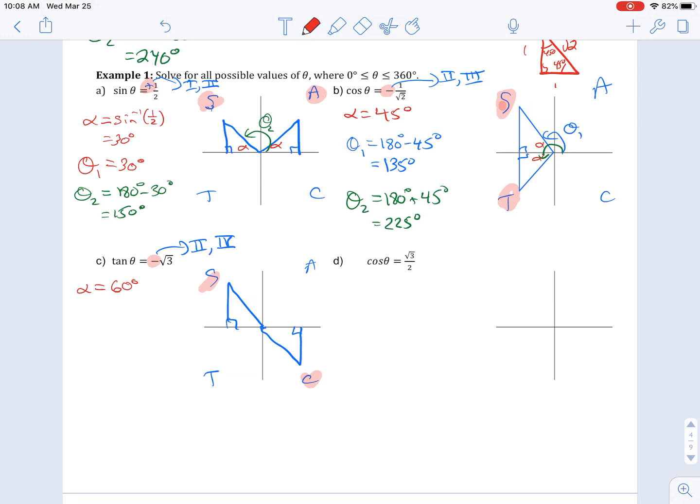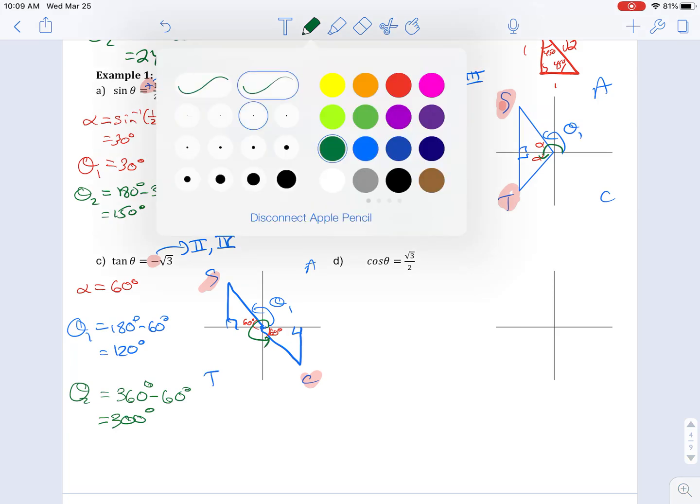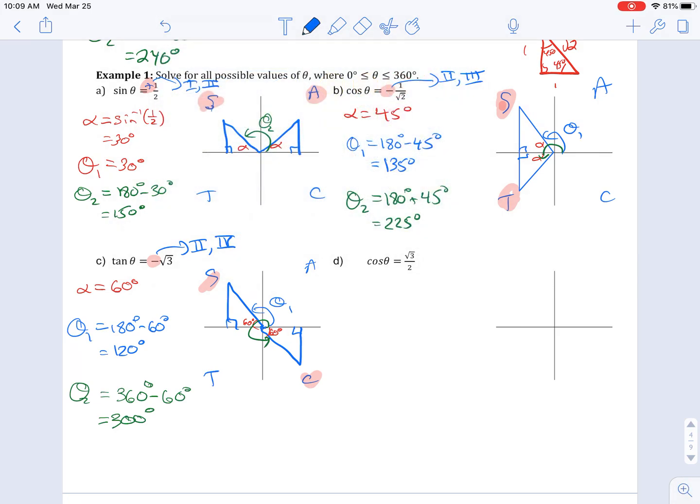So tan of 60 is root 3. So that means this is 60, and this is 60. I'm just drawing it slightly different than I did. I didn't put the alpha in, that's okay. So theta 1 is 120. Theta 2, now we're into 360 minus alpha. Because we're in quadrant 4, we take 360 minus 60, which becomes 300. And there's our two answers. So it's two angles between 0 and 360 that satisfy that.